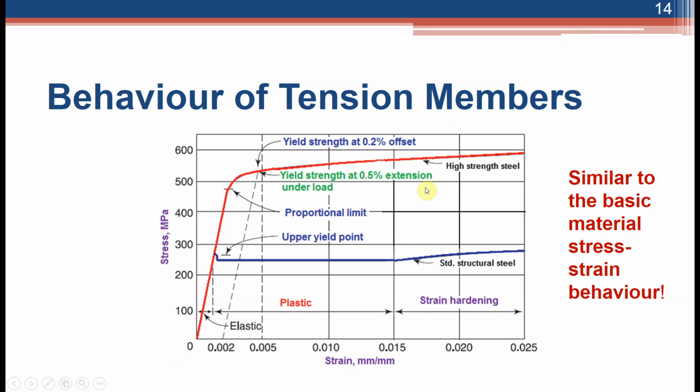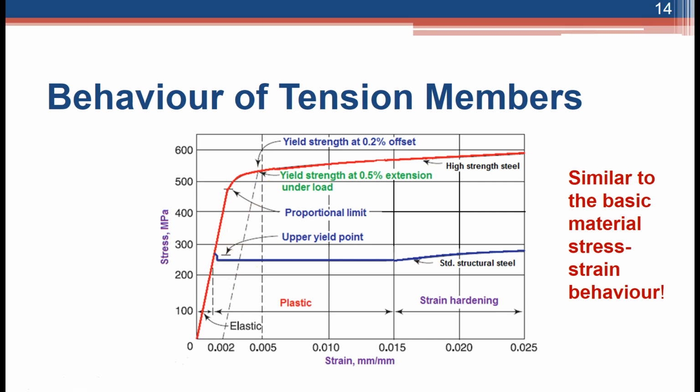Basically this graph is a comparison of the behavior of standard structural steel and the behavior of high strength steel. If you observe this graph minutely, the upper yield strength of this standard structural steel is around, say, 250, whereas the yield strength of this high strength steel is to the tune of 530 or 540.